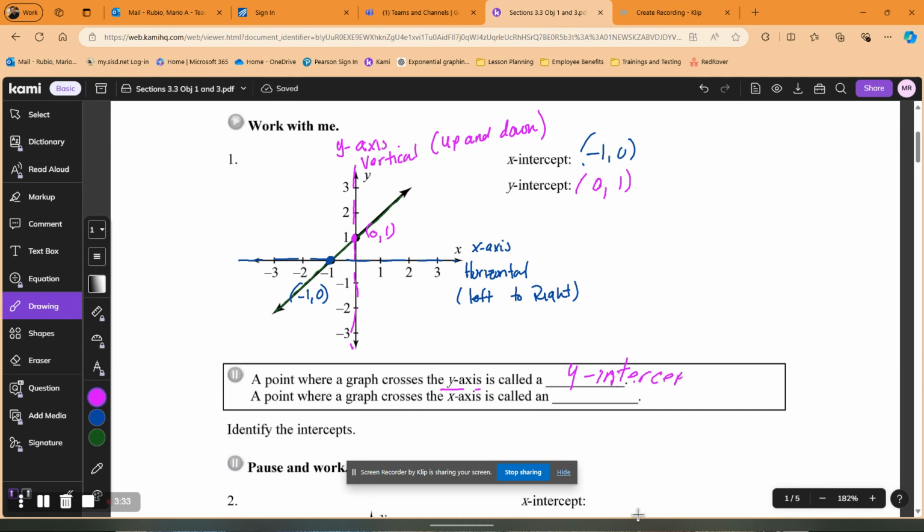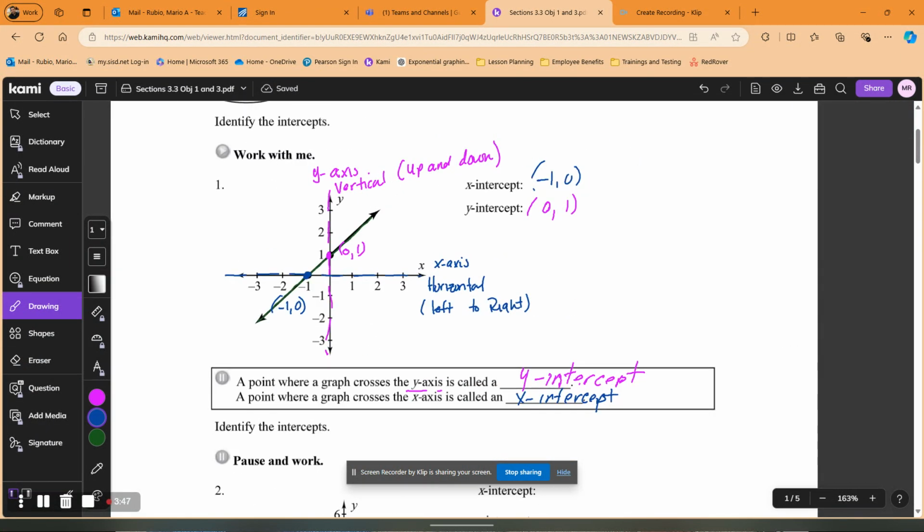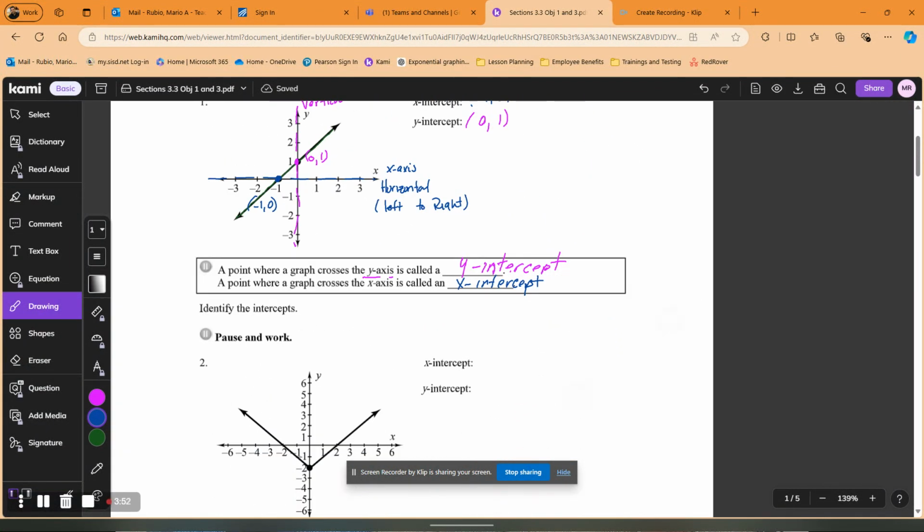Oh, I think I might be running out of battery. Intercept. And where it crosses the x-axis is called the x-intercept. And the way we identify them is as a coordinate point. Okay. Let's take a look at number 2.